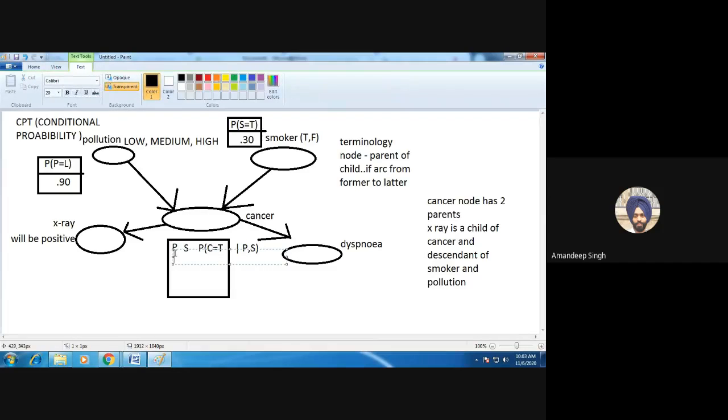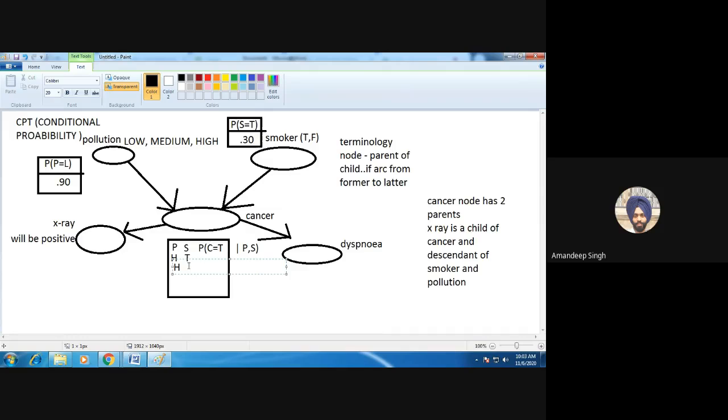Now what can be the value of this pollution node? High, and we were discussing this low, medium, high thing, right? So for this, high can be there, pollution can be high, and smoking is true. Fine.